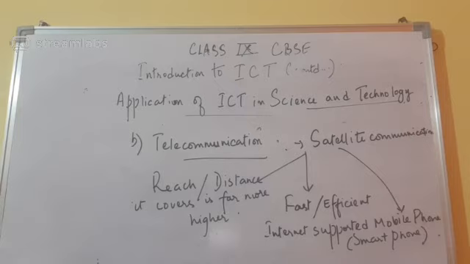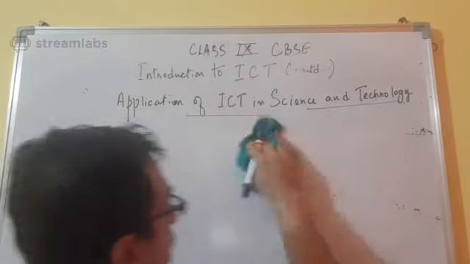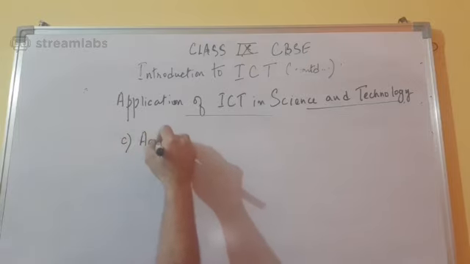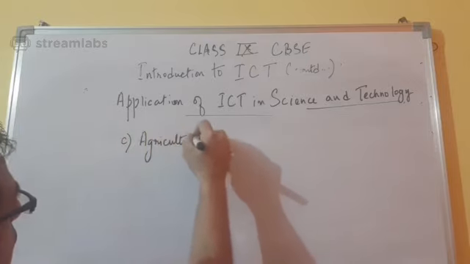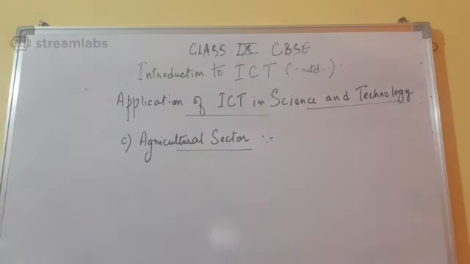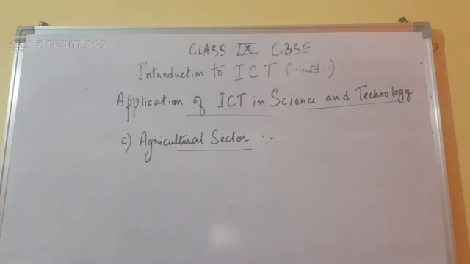So now we come to one more field, which is called the agricultural sector. How do you think the agricultural sector has also taken the benefit of ICT, or ICT has penetrated into this sector and the produce has been maximized?